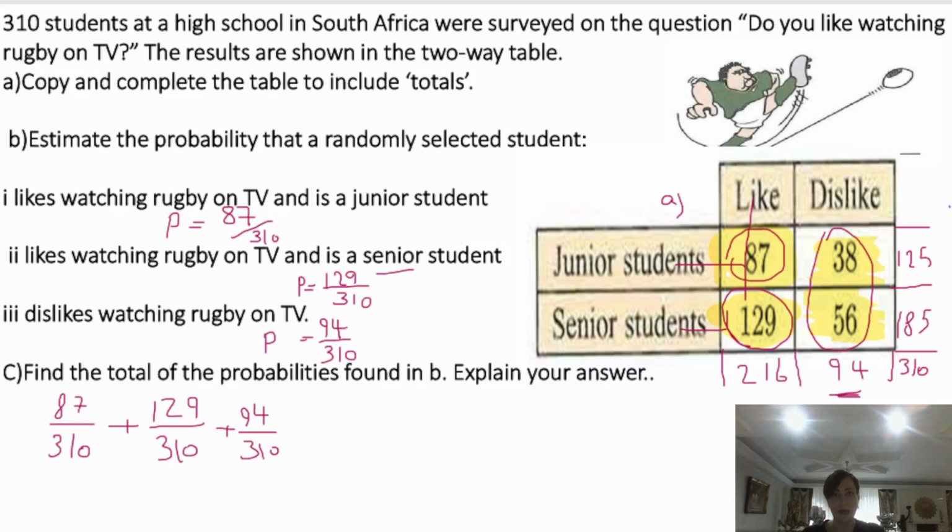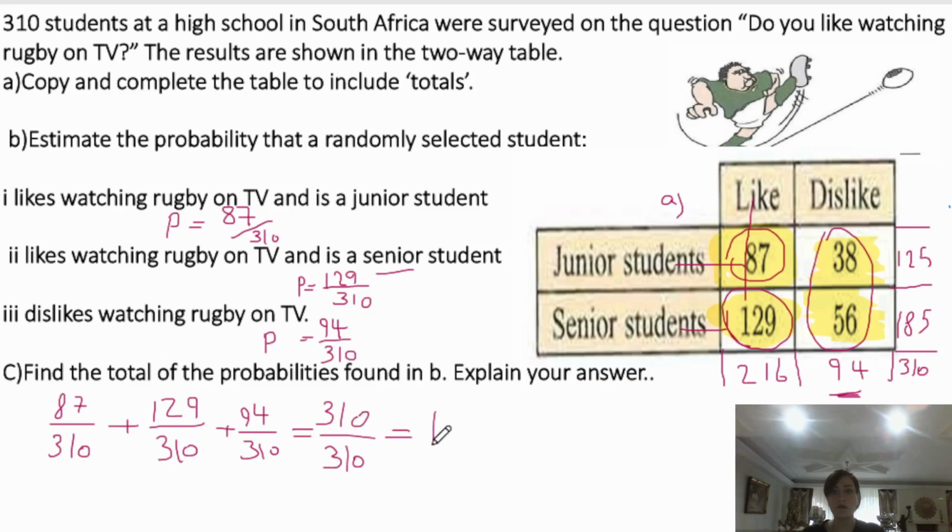If I add up all these probabilities, we see the denominators are the same. I have a common denominator. I write it again, and I only add up the numerators. If I add up the numerators, 87 plus 129 plus 94, it gives me 310.